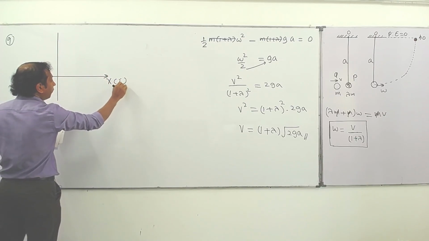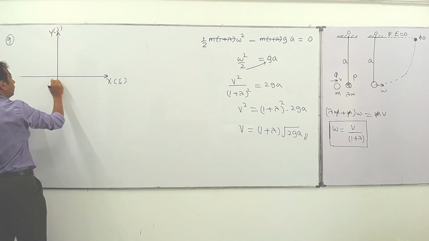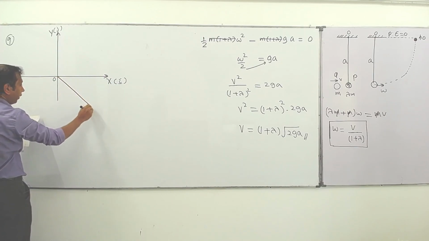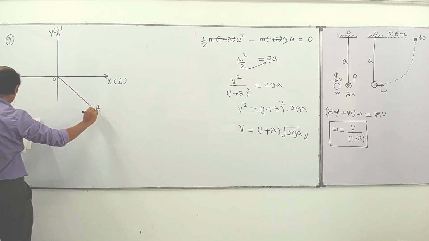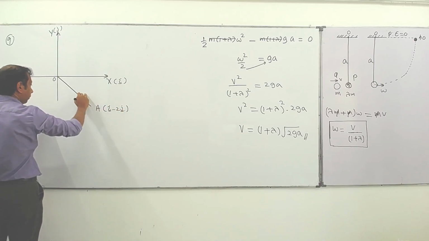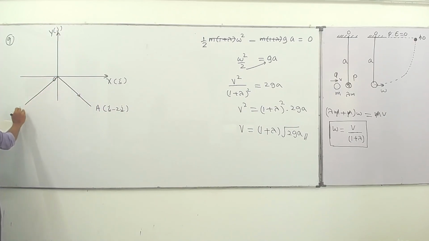x unit vector i, y unit vector j. Your position vector of A, i minus 2j. Position vector of B, minus 2i minus 2j.